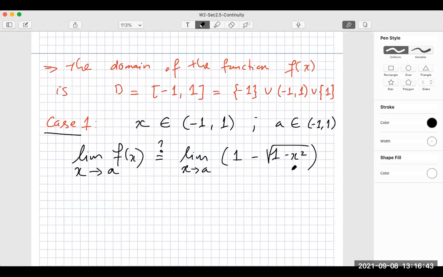We just rewrite the function f of x. Which limit law should we use here? Subtraction law, right? Very good. So it will be the limit of the constant, subtract the limit of this when x approaches a. Okay?